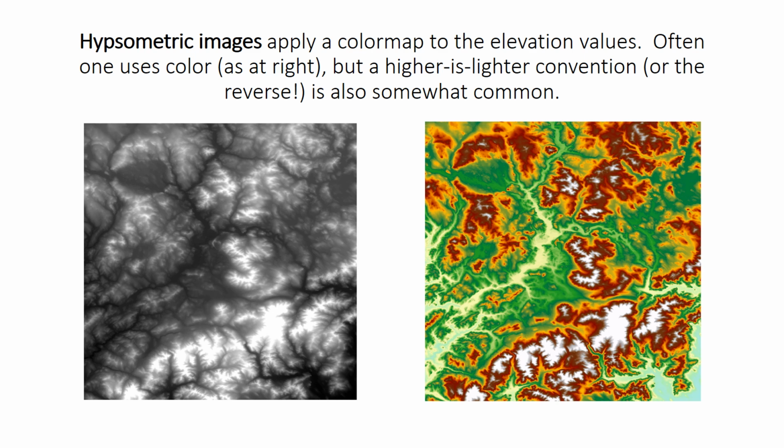It's very common to use a convention like the higher the lighter, but in many cases you can actually use the inverse. Sometimes the darker the higher is more common. People often use the lighter the higher because of snow, and that makes sense. But one of the dangers of hypsometric tinting is that people will interpret things incorrectly.